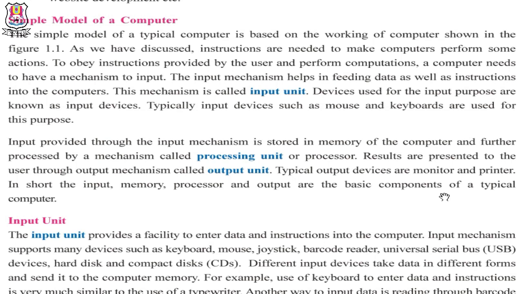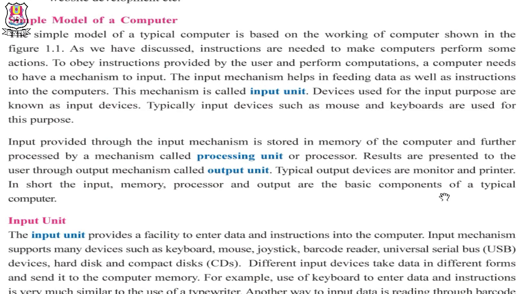The input mechanism helps in feeding data as well as instructions into the computer. This mechanism is called the input unit. Devices used for input purposes are known as input devices. Typically, input devices such as mouse and keyboard are used for this purpose.